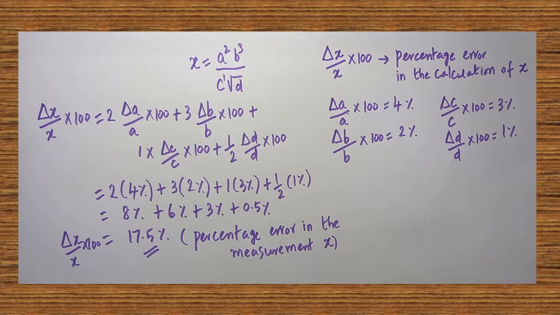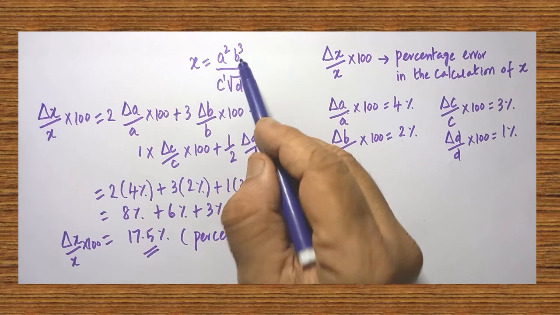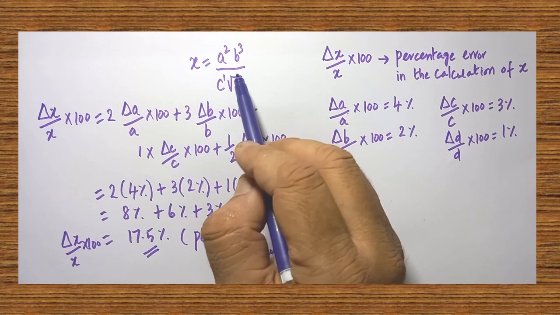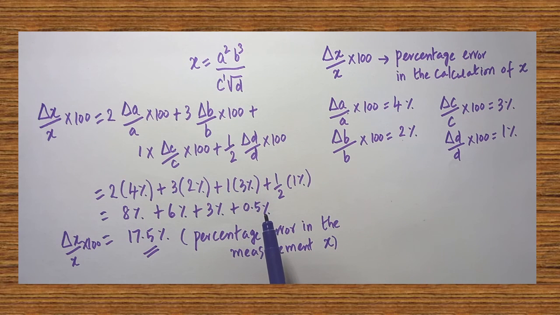So this is the method of calculating the percentage of error when the error is measured for any power of a quantity. Are you clear? So this is the thing in which we have used the general rule. Here not only a single physical quantity, 4 physical quantities are there with their powers. So if you do this problem, you can very well understand the complete nature of the problem related to error in the power of a quantity. Okay.